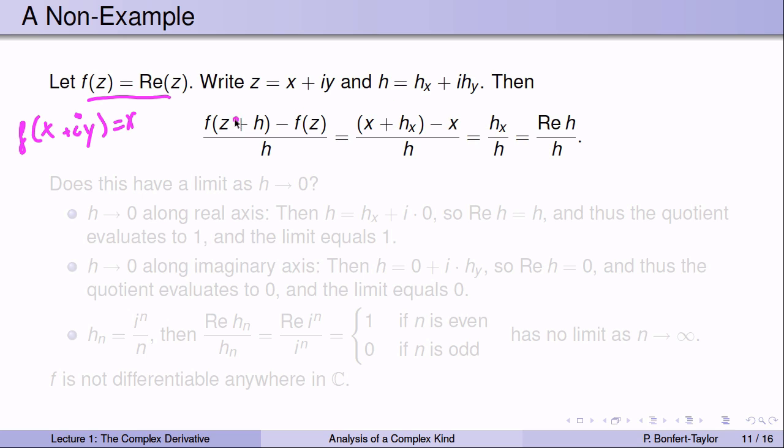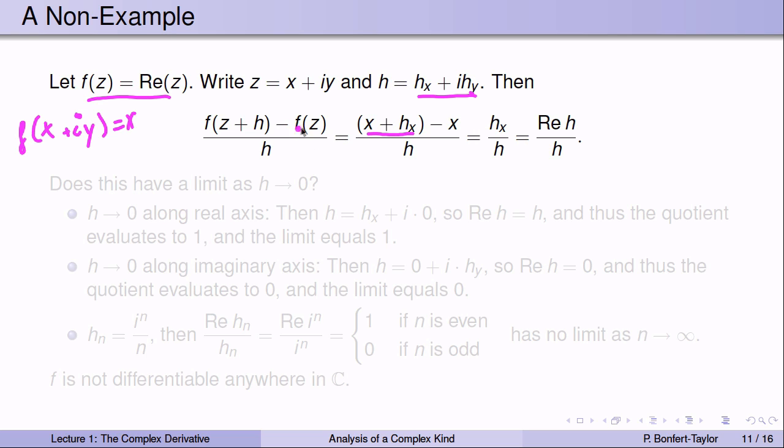Let's use the f of z plus h minus f of z over h form of the difference quotient. And let's write h as hx, the real part of h, plus i hy, the imaginary part of h. Then what is f of z plus h? z plus h would be x plus hx plus i times y plus hy. And if we only look at the real part of that, that real part is x plus hx.